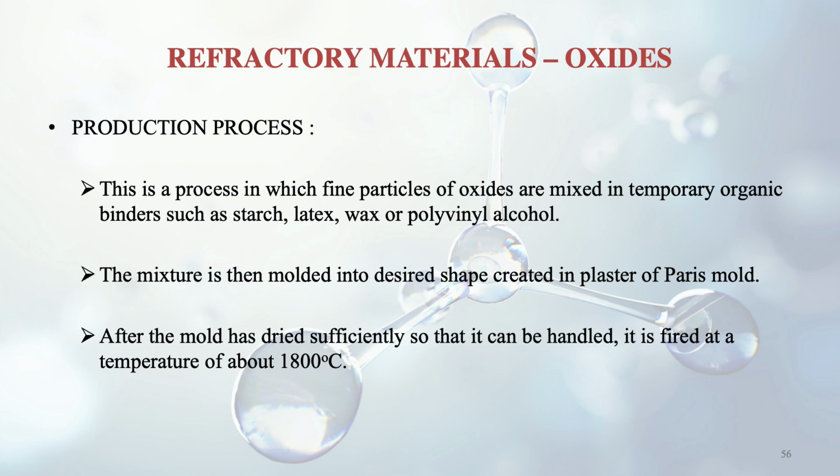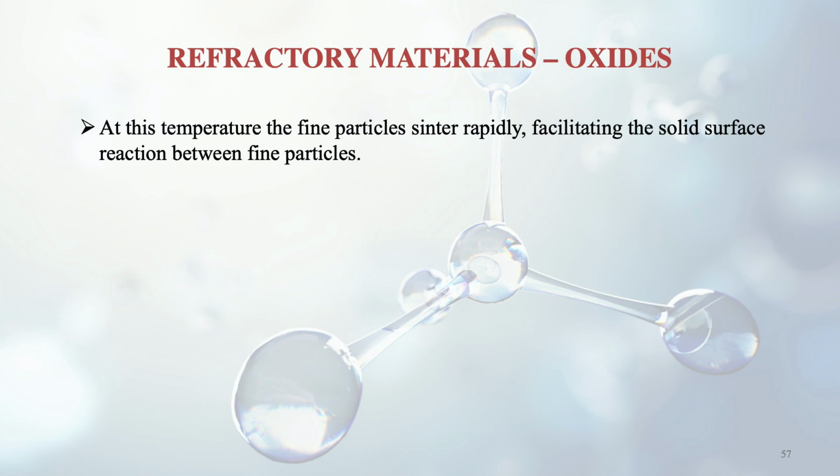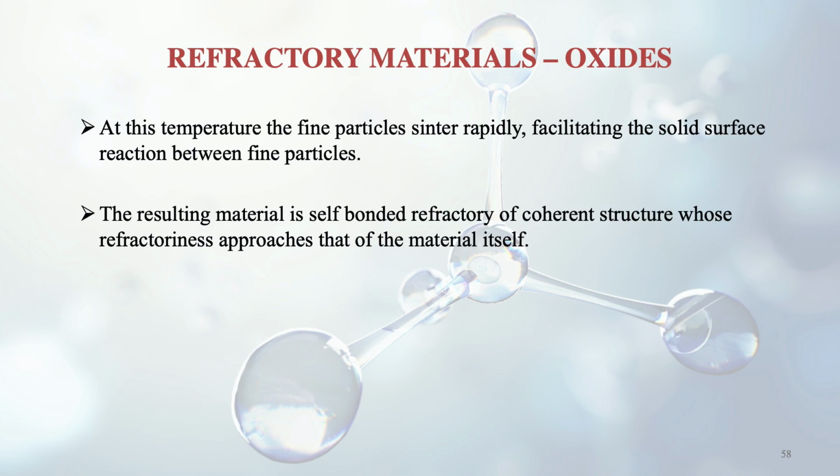After the mold has dried sufficiently, it can be handled, and it is fired at a temperature of about 1800 degrees centigrade. Why are we using this high temperature? Because ceramics are better formed at this temperature. At this temperature, the fine particles sinter rapidly, meaning they coalesce together very rapidly, facilitating the solid surface reaction between fine particles. The resulting material is a self-bonded refractory of coherent structure.